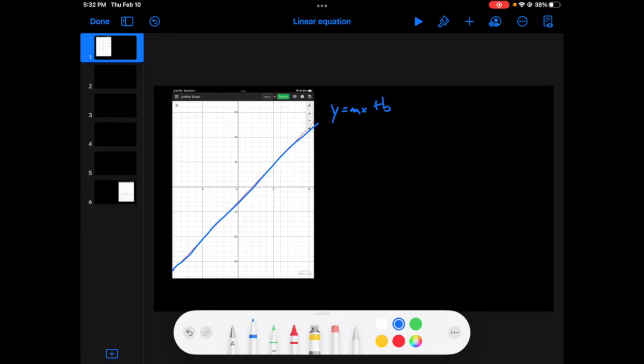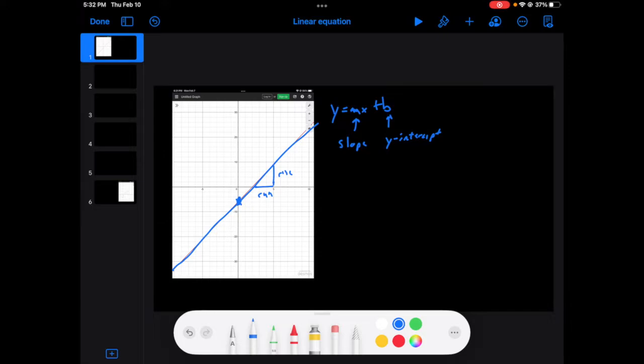And in this, m is the rise over run, also known as the slope, and b is the y-intercept, which is the point where that line crosses the y-axis right over there.